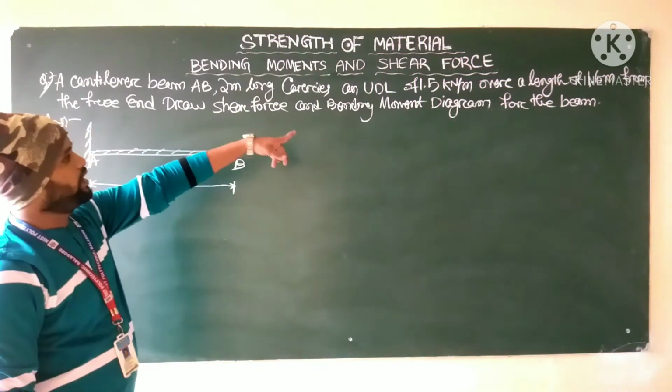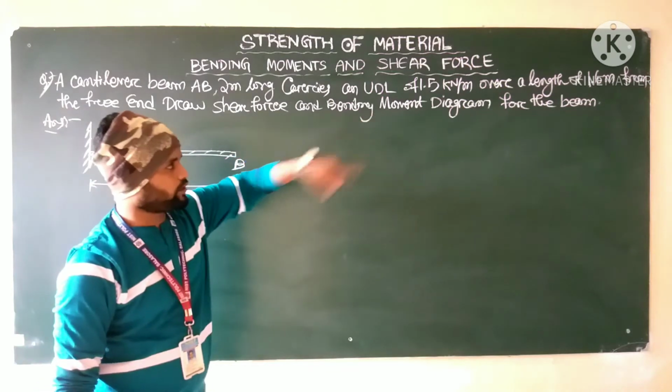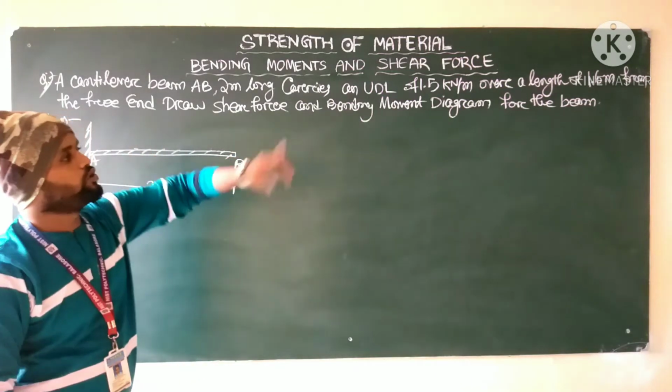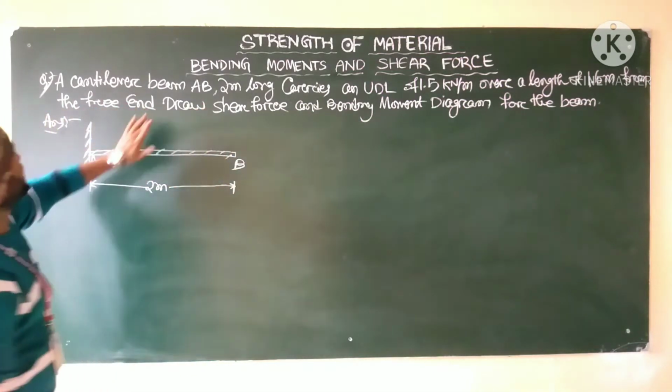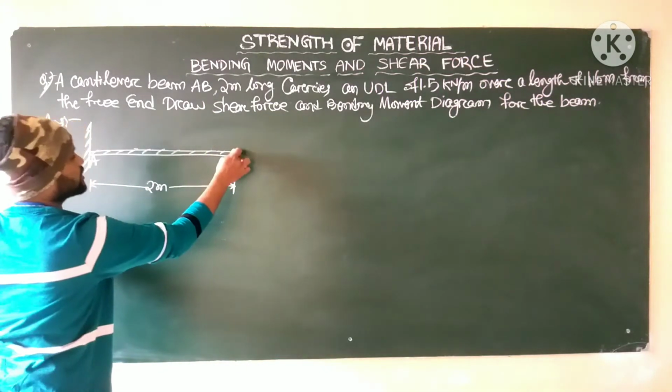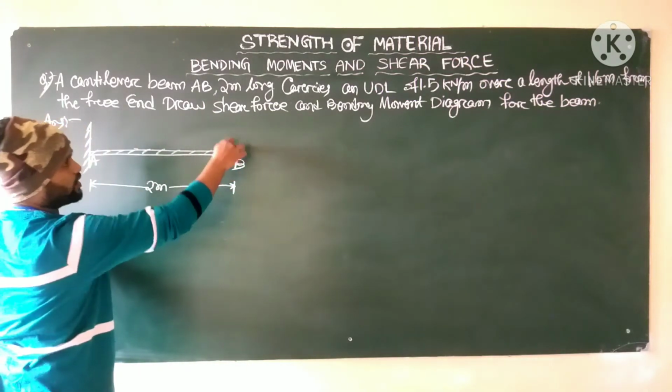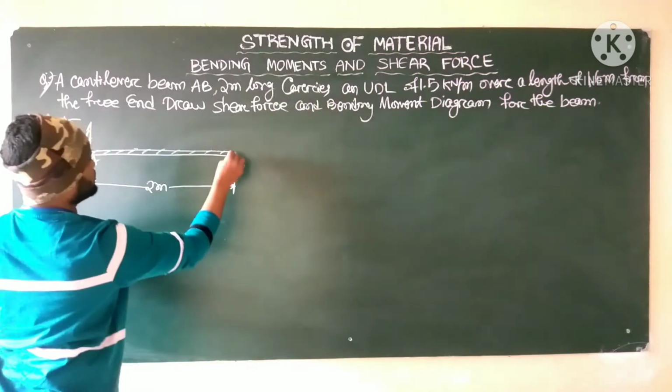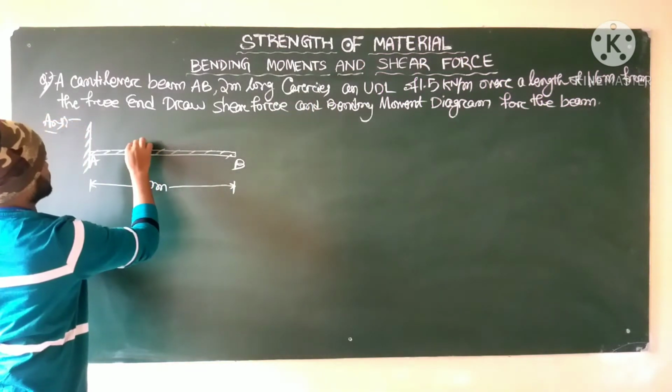Carries a UDL of 1.5 kN per meter over a length of 1.6 meter from the free end. So from the free end, the UDL is applied up to 1.6 meter. That means from here to 1.6 meter.